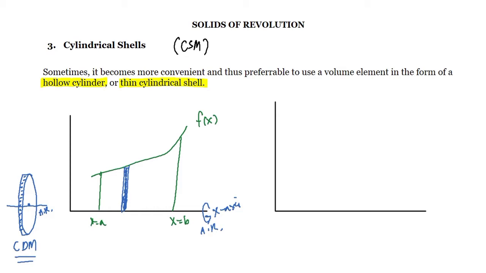Pero, dito, sa case ng cylindrical shell, instead of using the vertical strip, ang gagamitin natin is a horizontal strip.